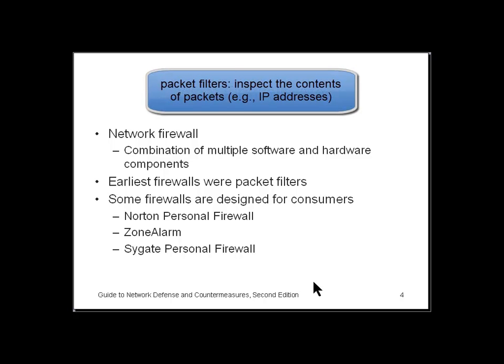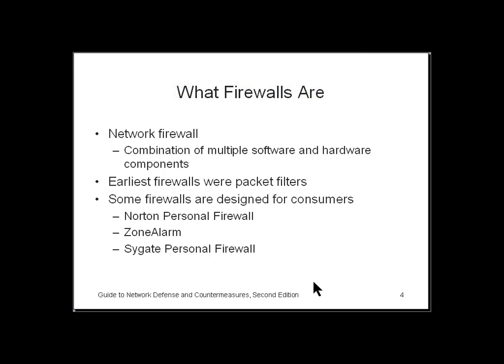The earliest firewalls were something called packet filters, which simply means that they would filter based upon header information in the packets. And later on, you've gotten much more sophisticated types of firewalls that actually do a lot more than just looking at the headers, and we should talk about that a little bit later.